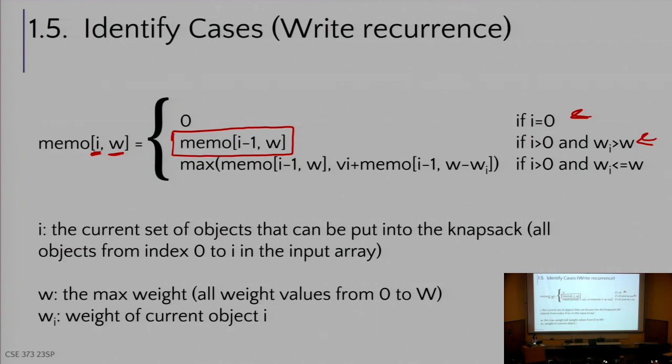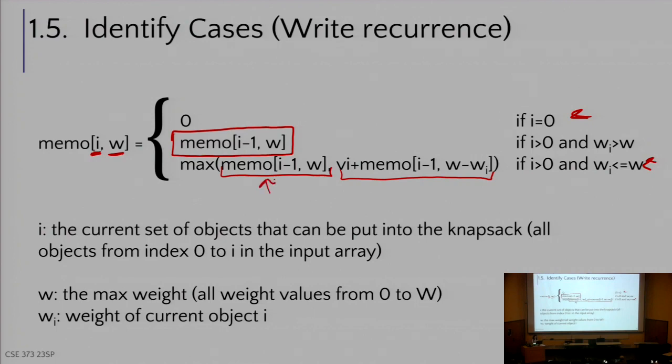When the current item cannot even be put into the knapsack, the value is just going to be the same as the max value without that current item. If it can be put into the knapsack, case 2, that means it's going to be the max between this quantity and this quantity.